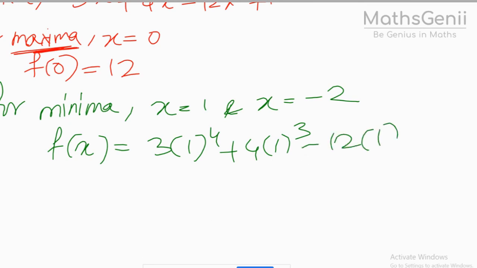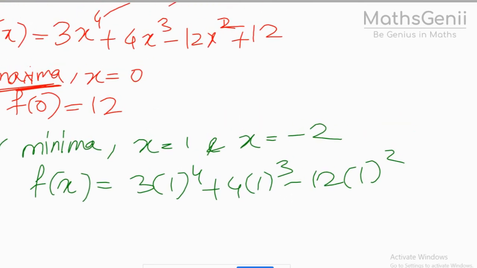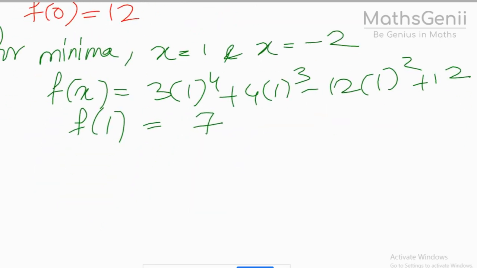Minus 12 square and plus 12. Okay. So if you solve all this, this is f of 1. You'll get 7. Similarly, if you put x equal to -2, you will get another minimum value, which is going to be -20.